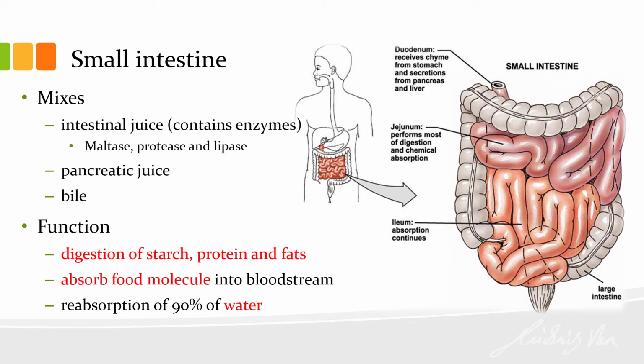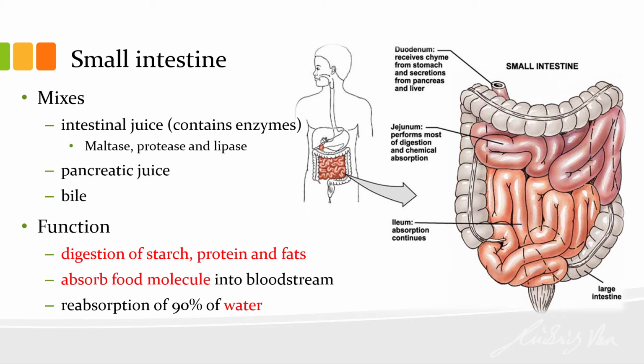The small intestine is responsible for reabsorption of 90% of the water. That means most of the water is actually absorbed in the small intestine. Now, people might confuse which organ, small intestine or large intestine, absorbs the most water. It is actually the small intestine. The large intestine is responsible for absorbing the remaining water.